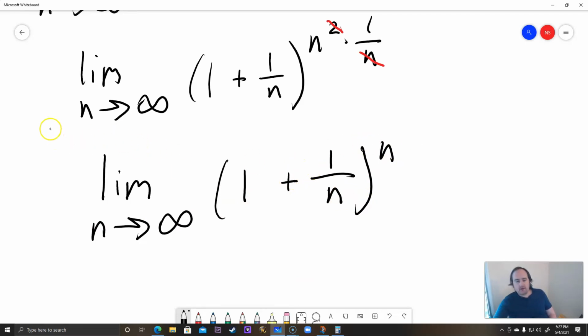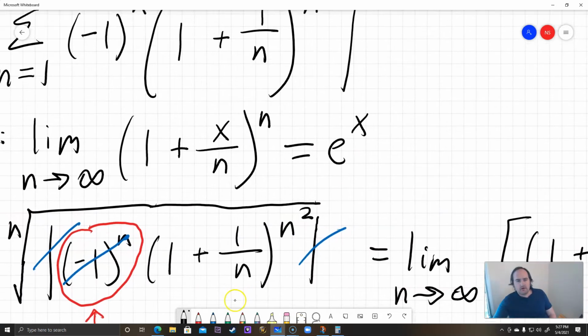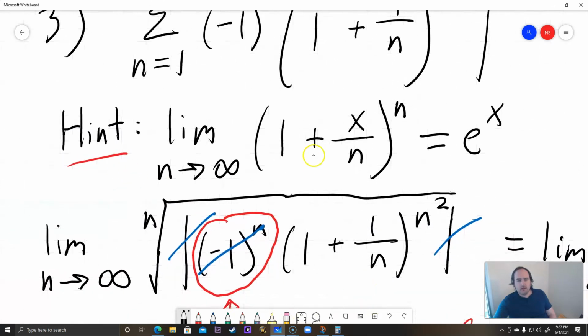But if we go back to our hint, with our hint that they gave us at the beginning, the limit as n goes to infinity of 1 plus x over n quantity to the nth power equals e to the x. And remember, this x can be anything. So this x right here can be any number. It could even just be 1.